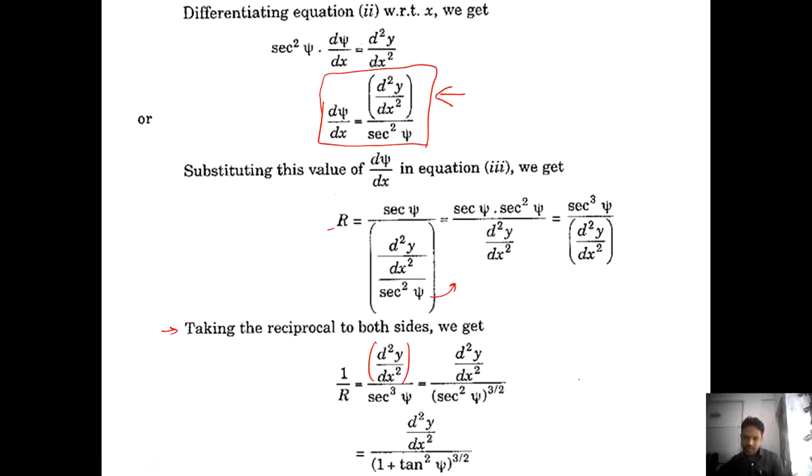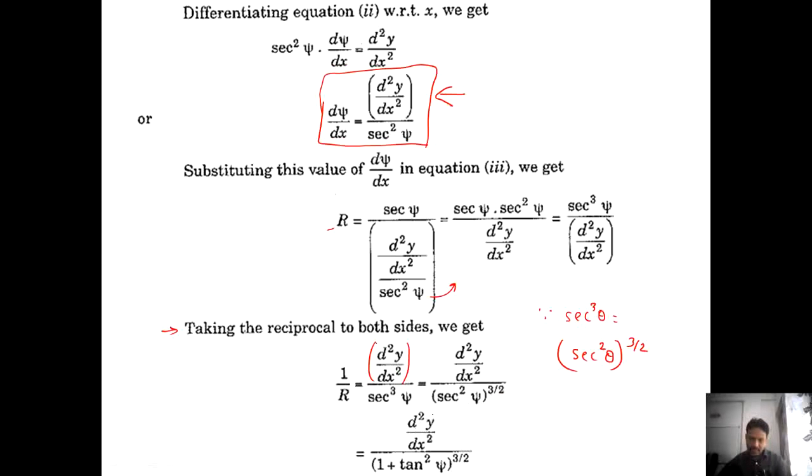So look here, since sec cube theta equals sec square theta to the power 3 by 2, the square and the denominator 2 will get cancelled and what remains is sec cube theta again. That's why we adjusted our sec cube theta as sec square phi to the power 3 by 2.